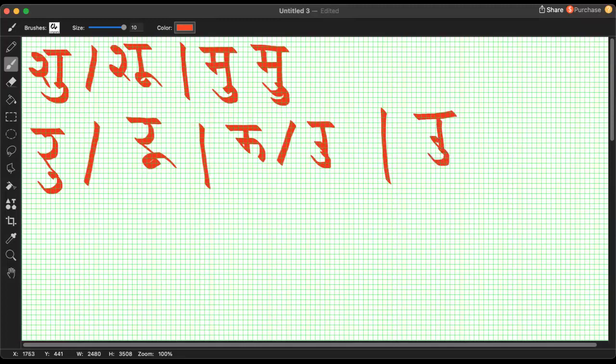There's only one ru. So these are u matra and the special characters that I told for a matra.